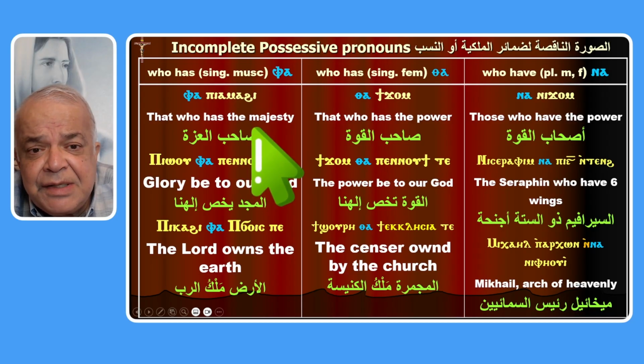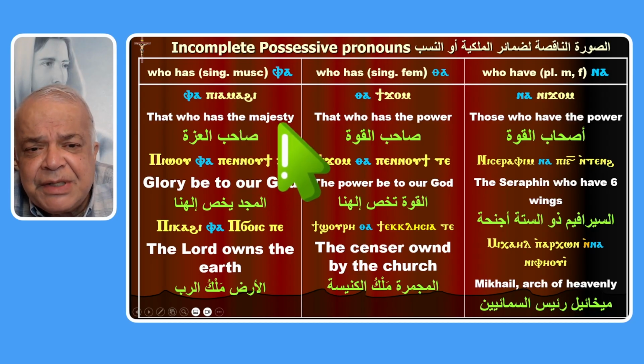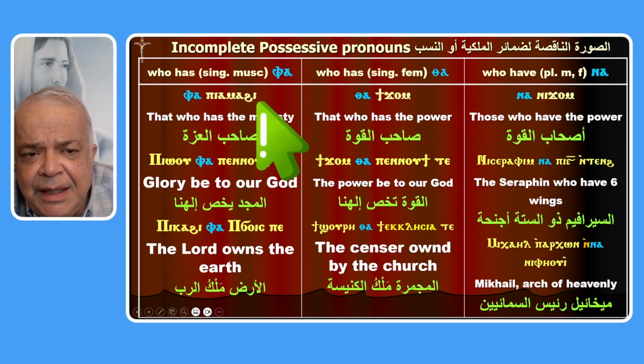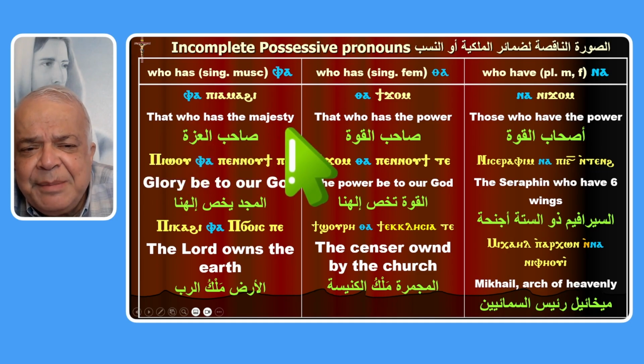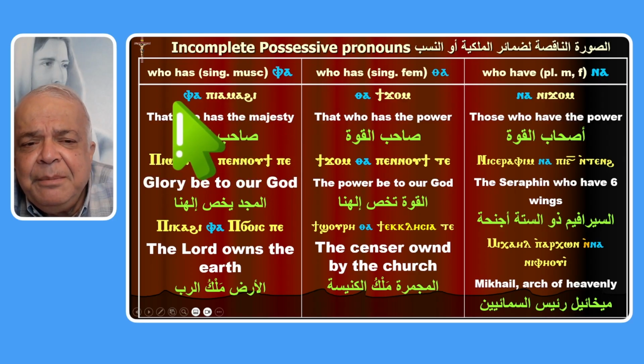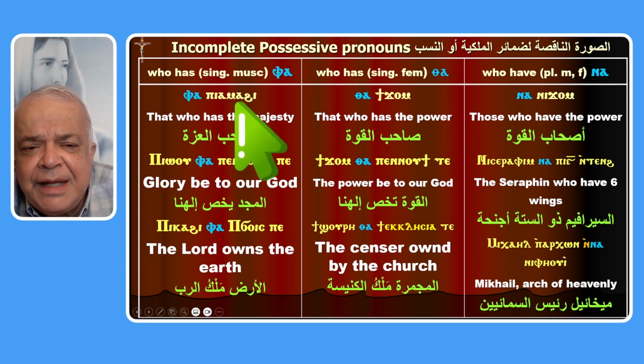It means in English majesty. So when I say fa pi amahi, it's a short way to express that who has the majesty. So instead of using 5 words here, that who has the majesty, I'll say fa pi amahi, which means that person who has the majesty.